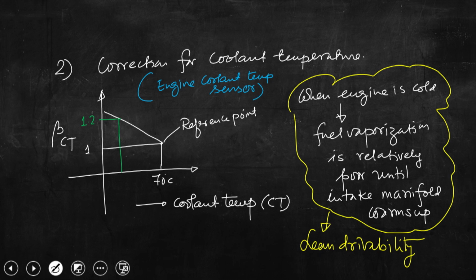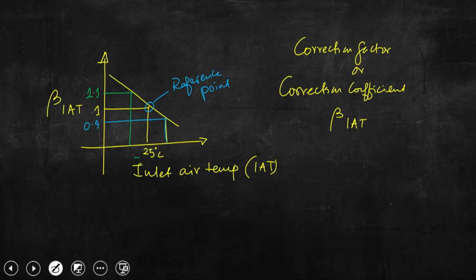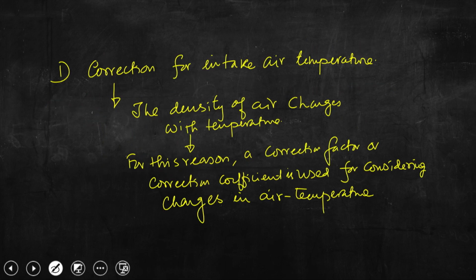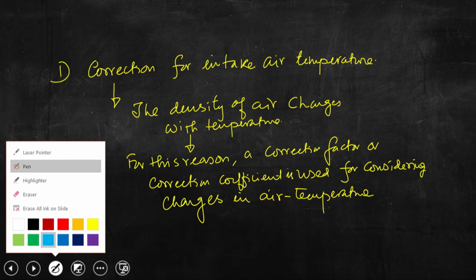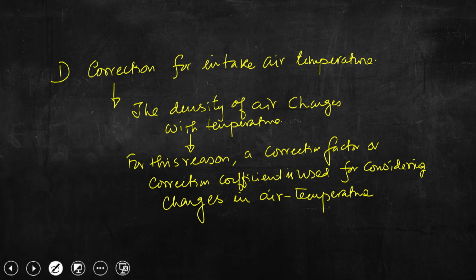If we go to the next slide or previous slide again, correction for intake air temperature, if we write here, so again the ECU should rely on some sensor for this correction, and that sensor is the intake manifold air temperature sensor.